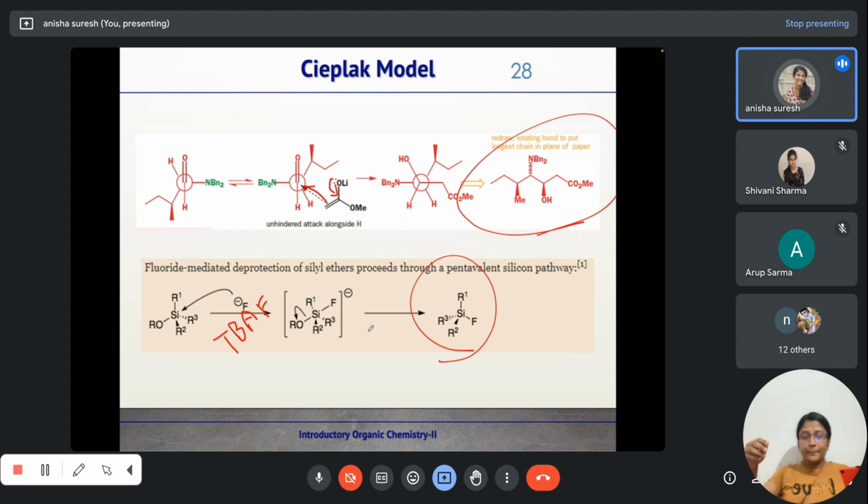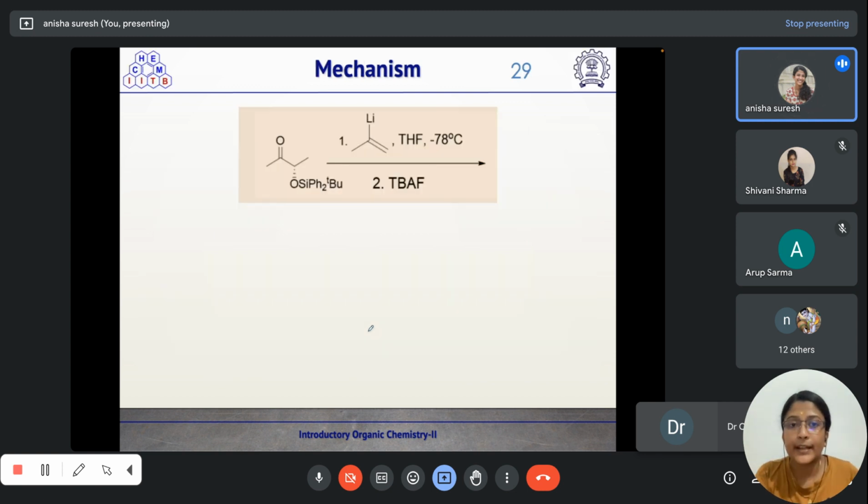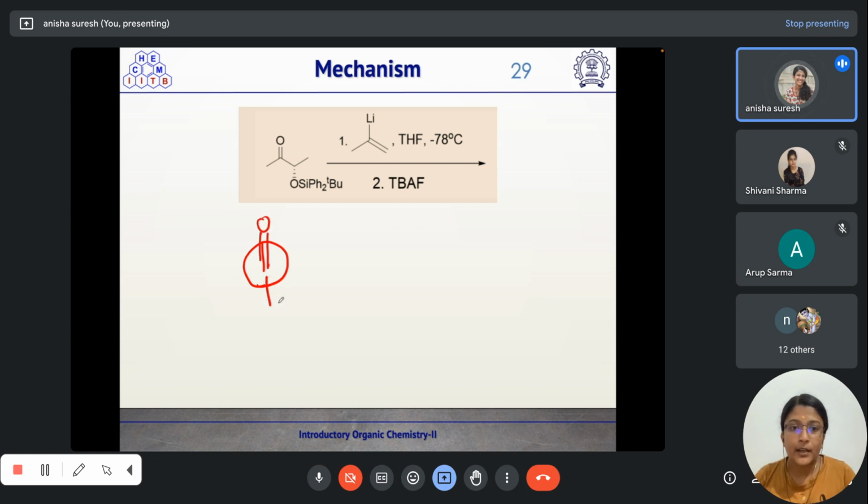Now we will see the mechanism for our case. We are having a carbonyl with a CH3.